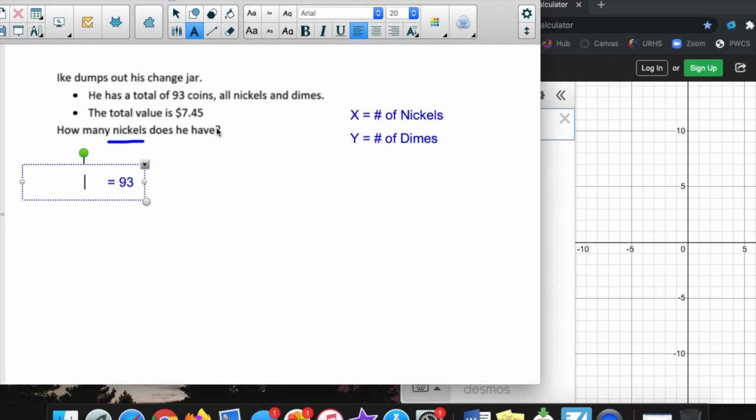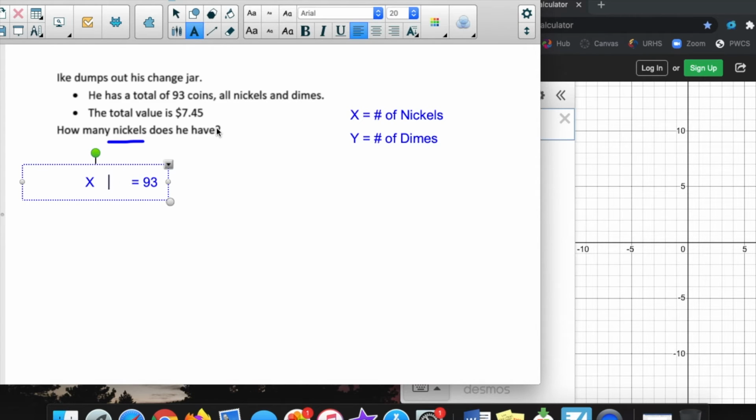And so again, think about what we don't know in this problem. We don't know how many of each individual coin he has, right? So he has a pile of nickels and a pile of dimes. For us, we don't know how many of each he has, but we know that the total of the nickels and dimes added together is 93. So setting up this equation, my two unknown amounts are going to add to this total of 93.